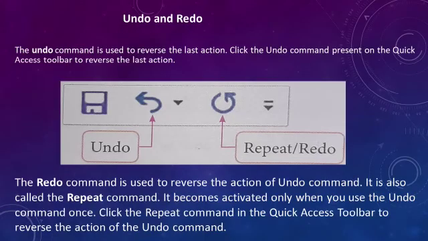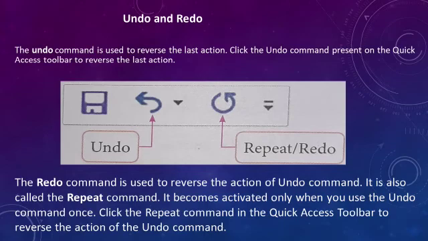Now last but not least are the Undo and Redo commands. The Undo command is used to reverse the last action. Click the Undo command present on the Quick Access Toolbar to reverse the last action. The Redo command is used to reverse the action of the Undo command.